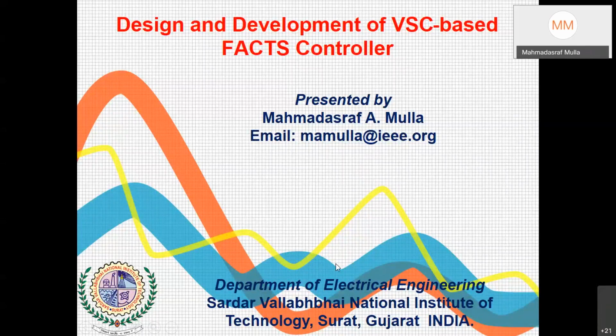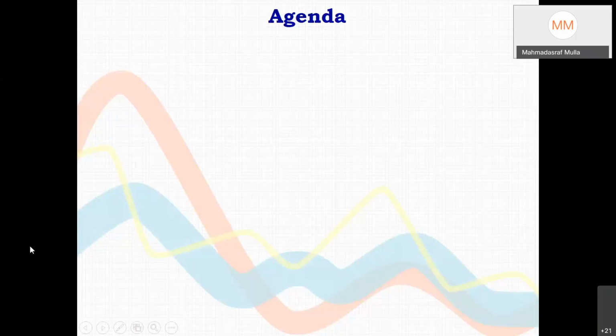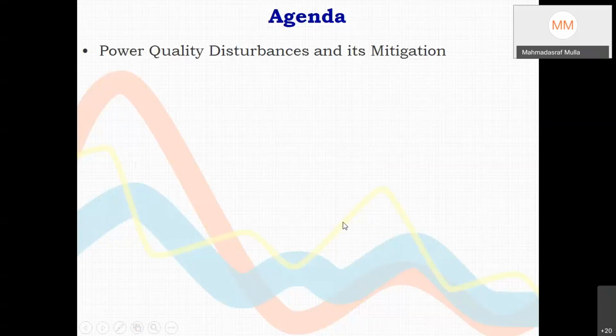So the title is Design and Development of a VSC-based FACTS controller, for which we are gathered here. The agenda or outline is, first, we will discuss what the power quality disturbances are, who is responsible for creating these disturbances, and what different mitigation techniques we utilize for overcoming these power quality problems.